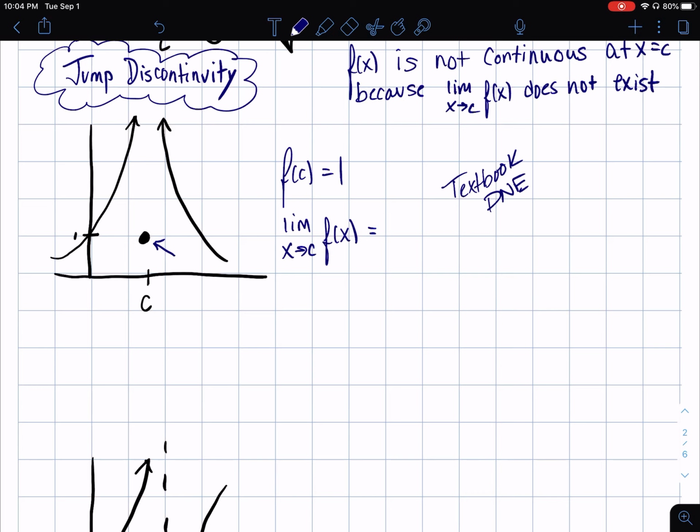The reality is, though, that the graph is going to the same place from the left and the right. It's just that place that it's going is infinity, which isn't like a real number. So I'm going to put infinity here.